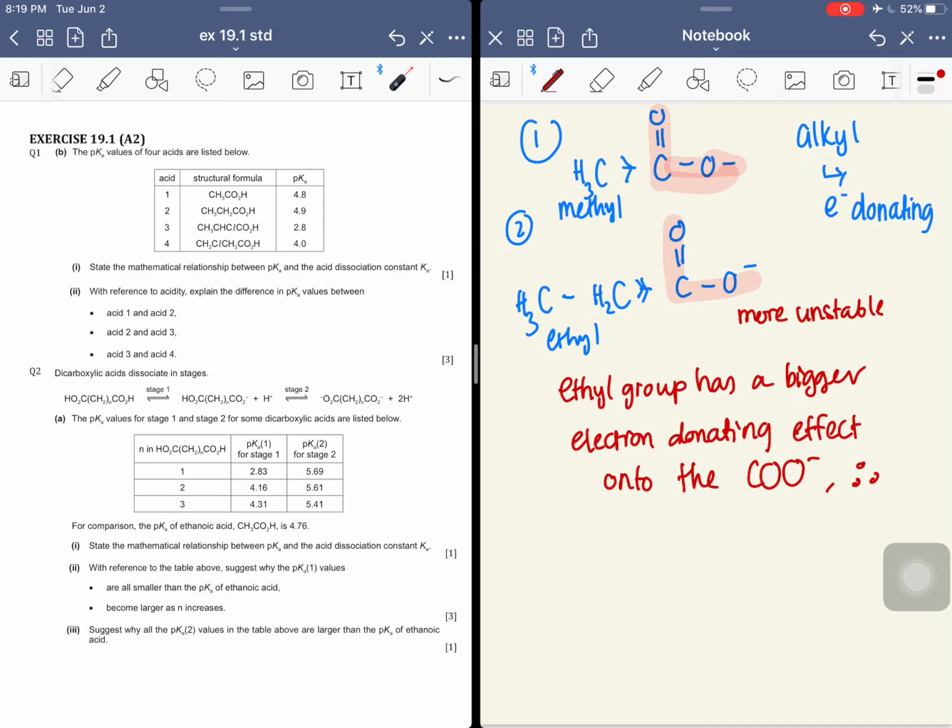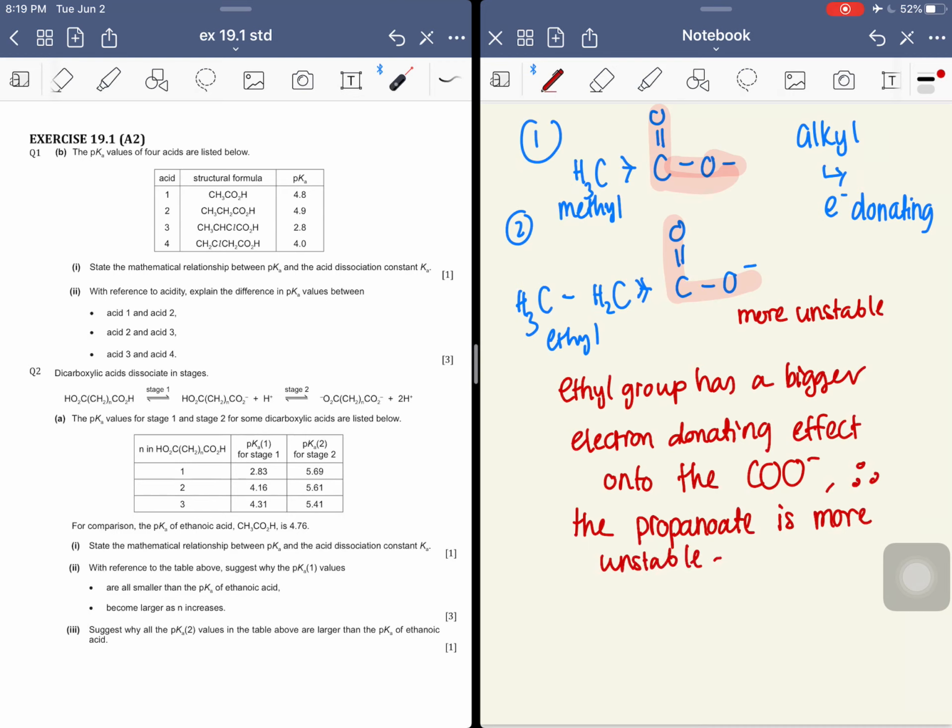Therefore, the anion, let's just use the specific name, so that's the propanoate ion, that's ion number 2, is more unstable.